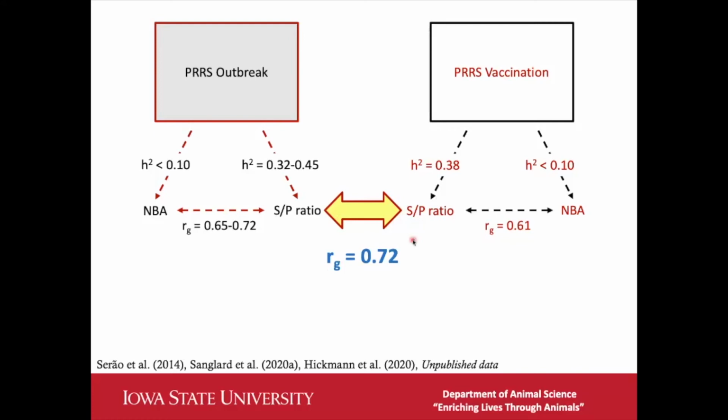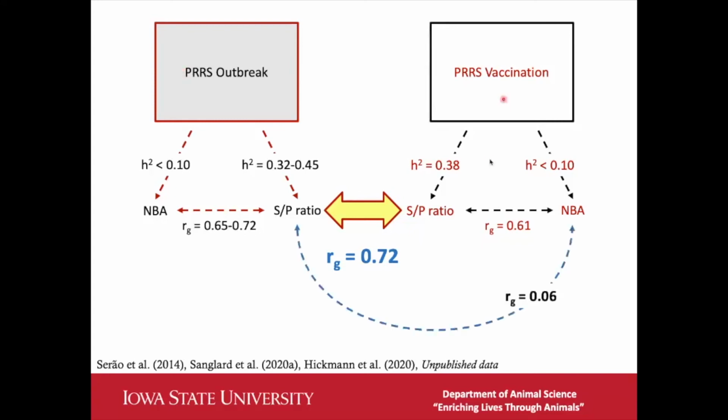So what that means is that genetically, a response to an outbreak shares most of the same components as a response to vaccination, but they're not exactly the same. They're still different somehow. Of course, it could be because of the virus, but it could also be because of the genetic makeup of the animals. Both studies that we have on outbreak were done in purebred animals, and in vaccination we have F1 gilts. So we also have a cross versus the purebred situation.